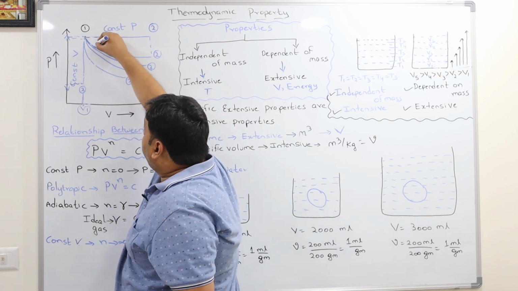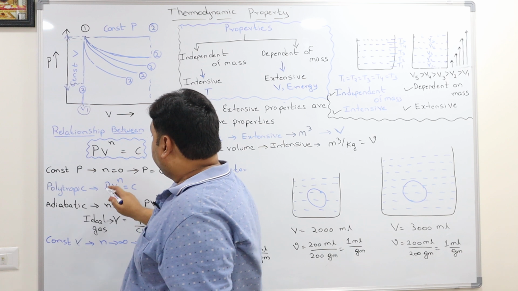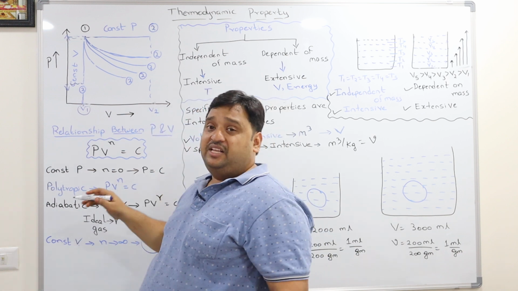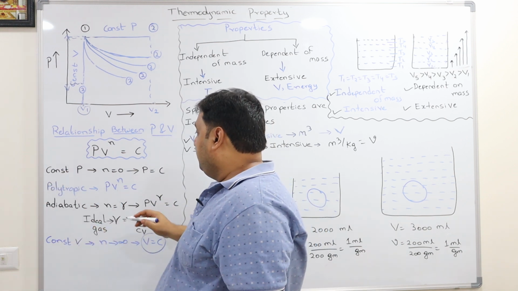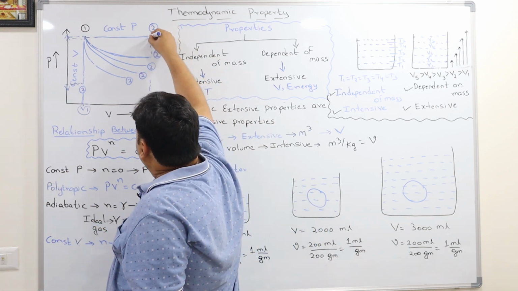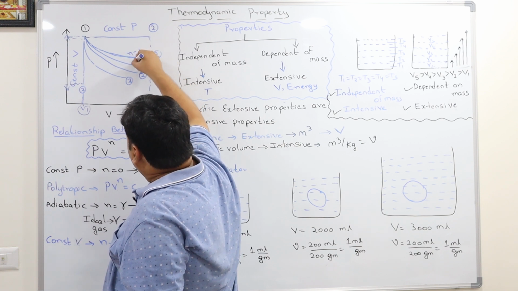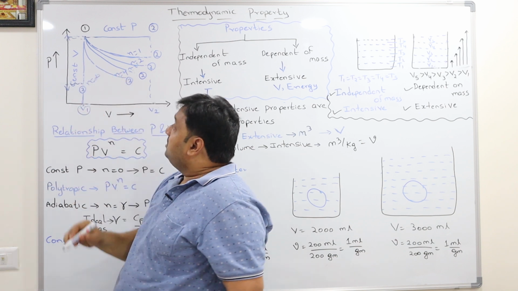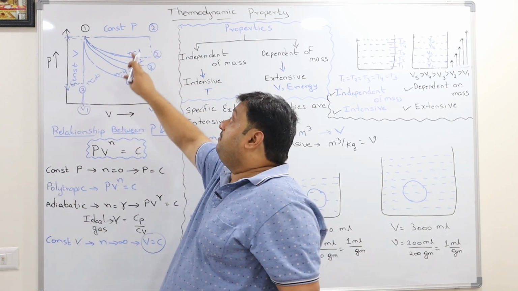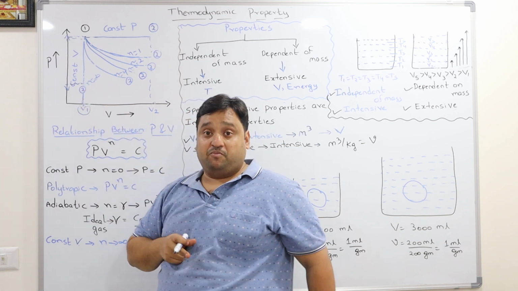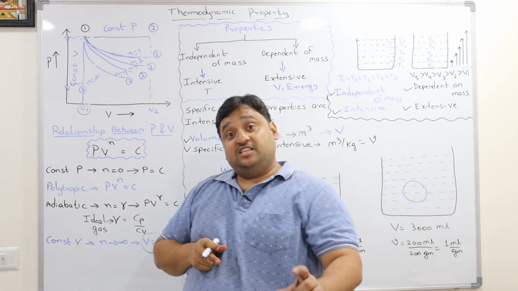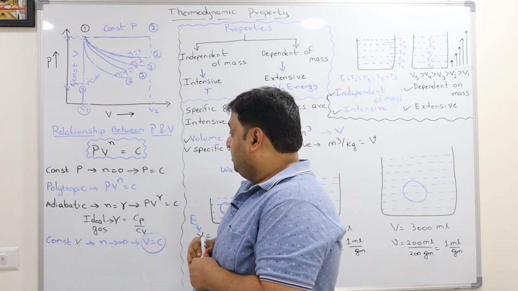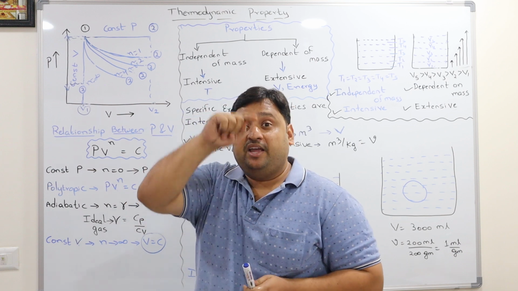The line equation is nothing but PV^n = constant, and n varies from 0 to infinity. If you talk about n = 1, n = 2, n = 3, n = 4 and n = infinity, these are the intermediate processes between the constant pressure process and the constant volume process. There is a special case. If you go through the regular lectures of thermodynamics, PV^gamma = constant.